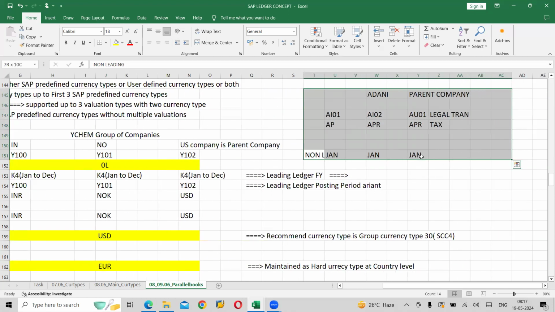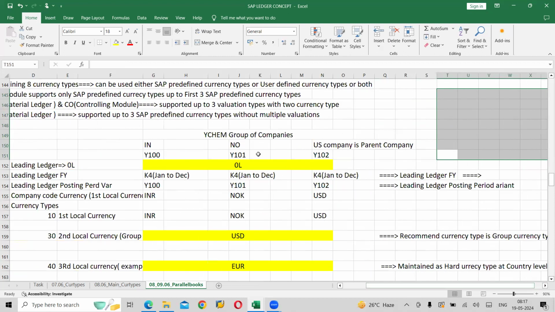Even though my company is in three different currencies, in three different countries, where is my parent company? It is in the US. So what fiscal year will it follow? January to December. So for the primary local GAAP reporting, I will use January to December for all three company codes for consolidation purpose.